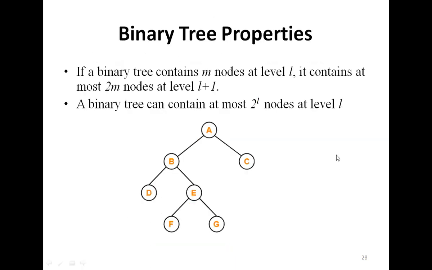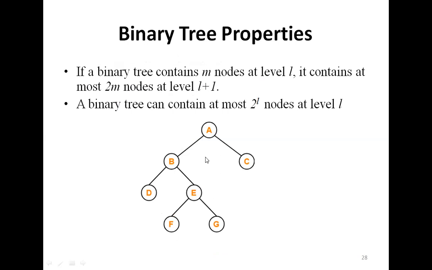The next is binary tree properties. Now I'm going to discuss the properties of binary trees. One of the properties: if a binary tree contains m nodes at level L, then it contains at most 2m nodes at level L plus 1.